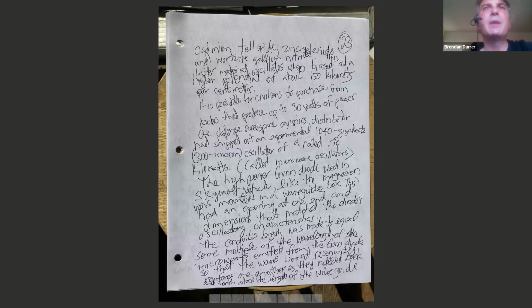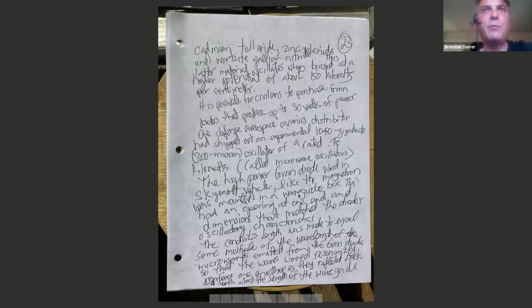One defense aerospace avionics distributor had shipped out an experimental 1040 gigahertz, 300 micron oscillator rated at 40 kilowatts. These are called microwave oscillators.